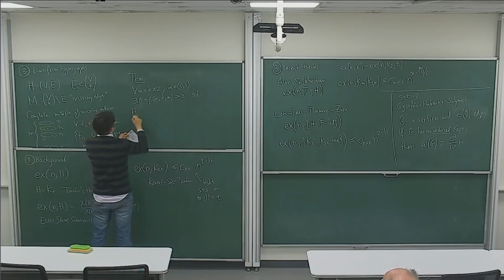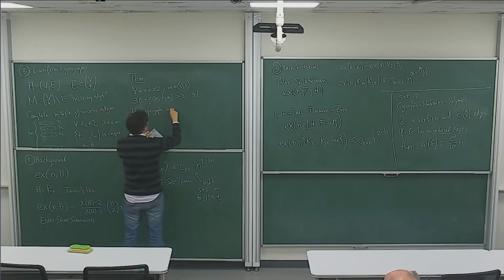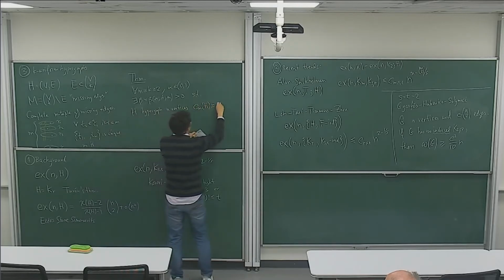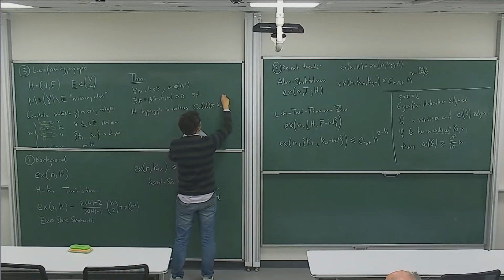H is a hypergraph with n vertices, and C_M(H), I'll say what that means afterwards.